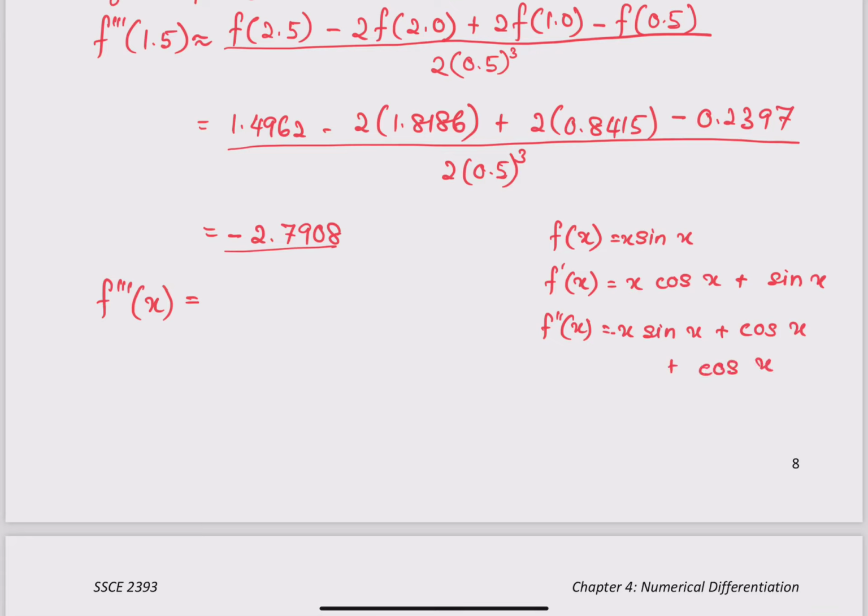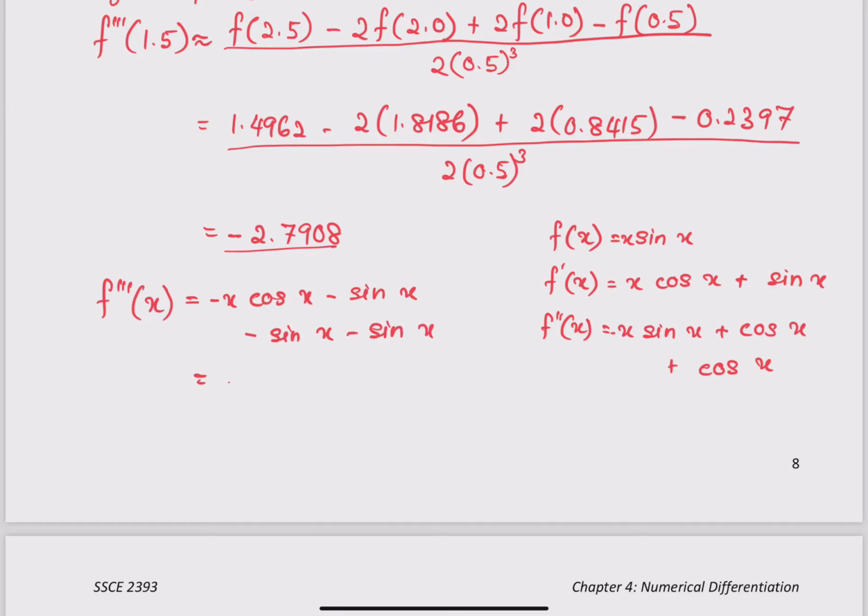And so now your third derivative is minus x cos x, and minus sine x, minus sine x, minus sine x.